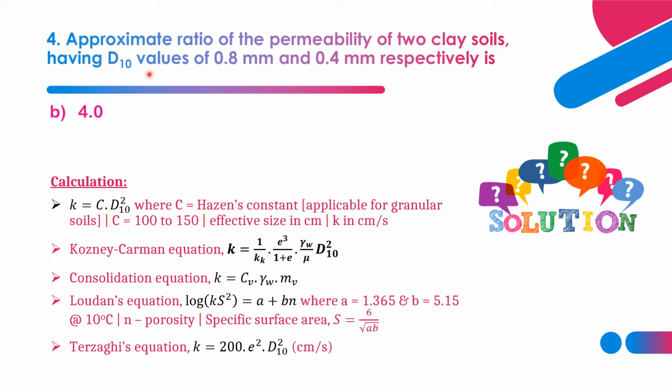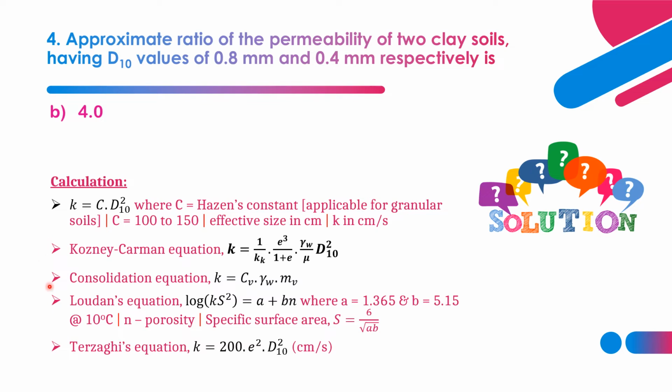Because other data are unknown, we shall use it conservatively, so that we can find the ratio of permeability of the two clay soils. This constant varies from 100 to 150 usually, and D10 has to be substituted in centimeter because this equation is an empirical one, and the permeability value will be in centimeter per second.